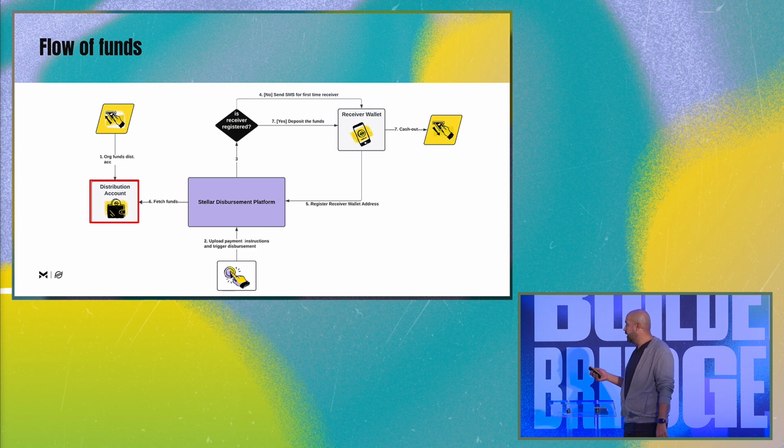They're either going to send fiat directly converted to crypto to the distribution account. Either way, one of the things we don't recommend is keeping funds on the distribution account for a long time. It's not really meant for that. The distribution account is meant to be used: you put funds in it and then you disperse them.